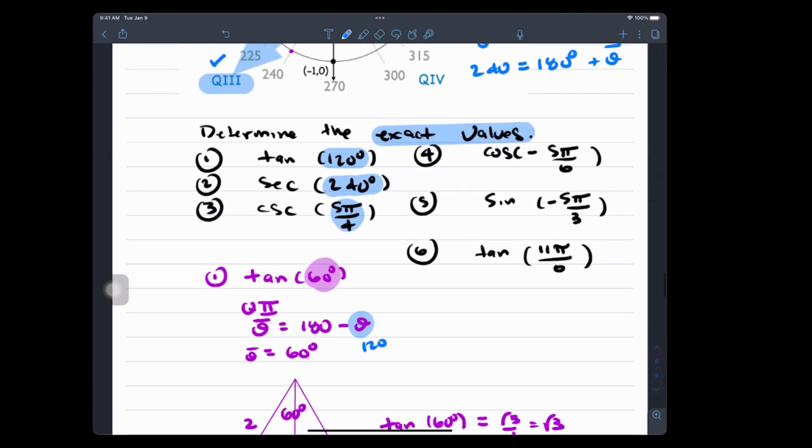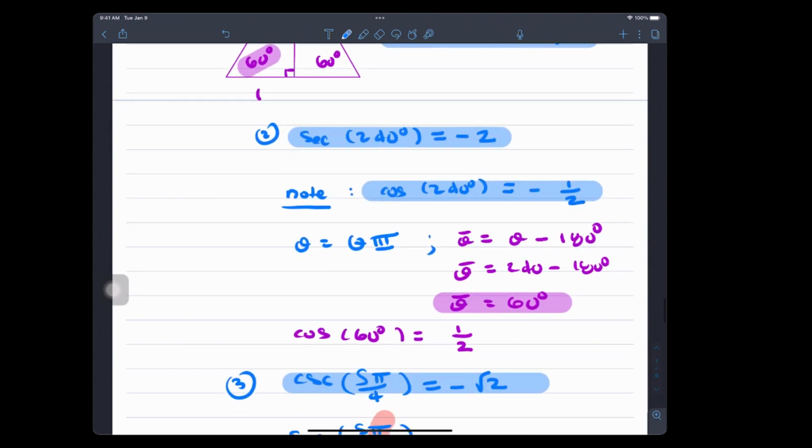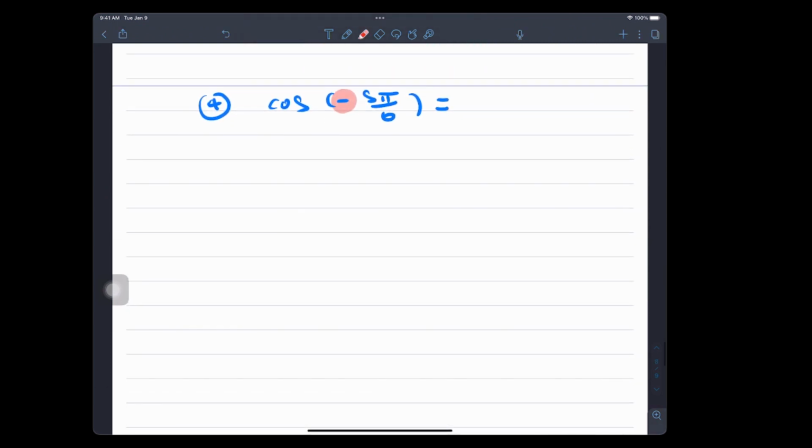Question number 4 is what? Is that cosine of negative 5 pi over 6? So you get cosine of a negative 5 pi over 6. If you ever see that negative angle, what do you guys always do?